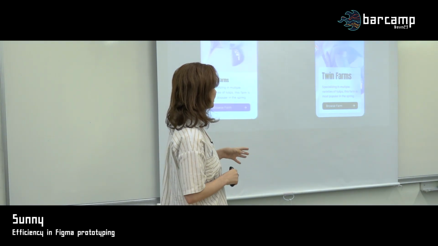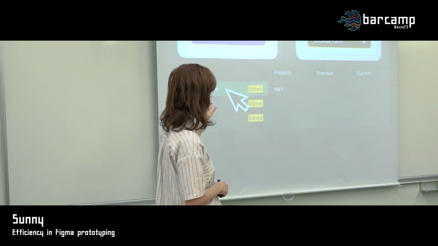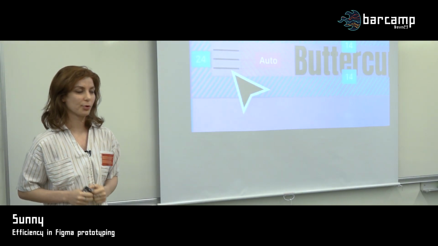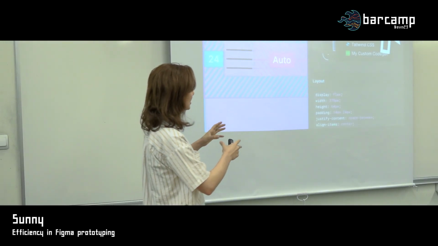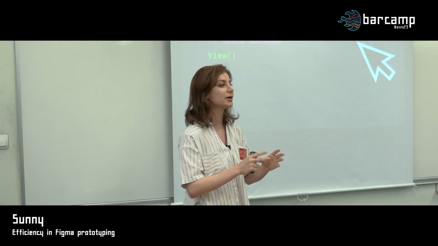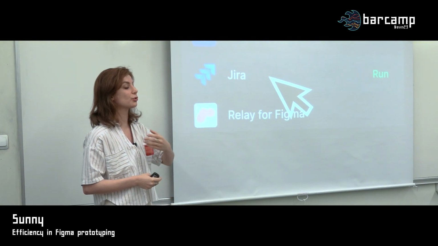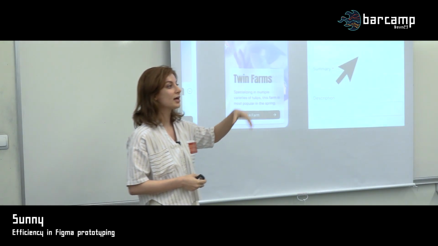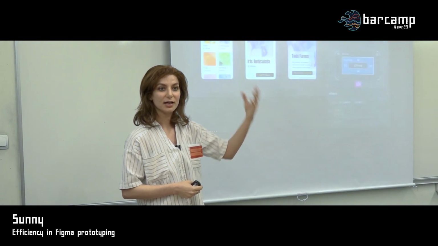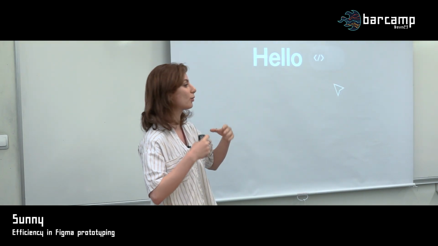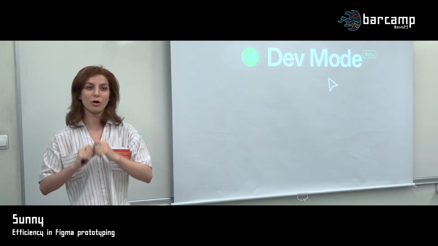Another option that this dev mode has is the compare changes part. How it works is you can actually compare the file frame by frame. So now it's not versions. You don't have to go through everything in the versions panel inside of Figma. The whole page is there, so you can't really decide on small changes.